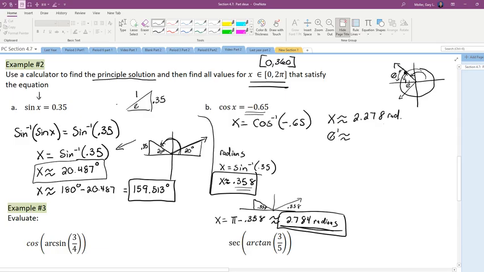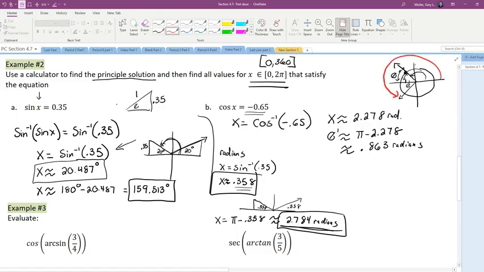It would just be the supplement, pi minus 2.278, and that would be approximately 0.863 radians. So now, what is the angle I want? I want the one that's going to start at 0, standard position, and wrap all the way around to here.